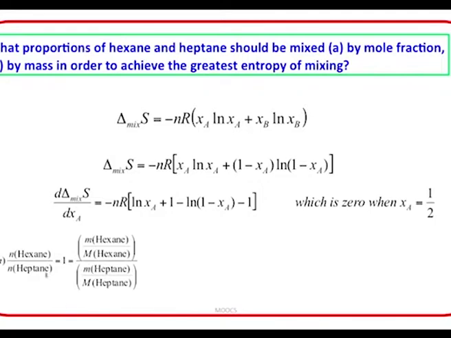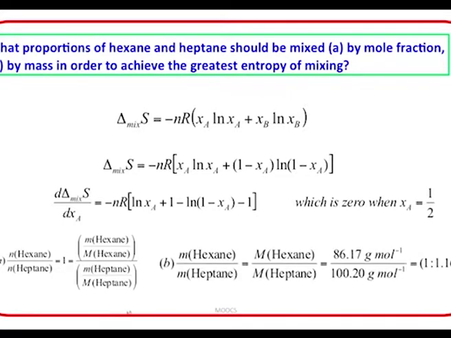Now this has to be equal to 1. Once you rearrange it, the ratio of mass of hexane to heptane can be calculated from the ratio of molecular weights of hexane and heptane. After substitution of the values of molecular weight, we find out that by mass the proportion should be 1:1.16.